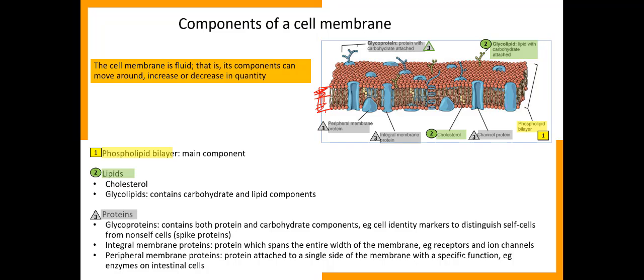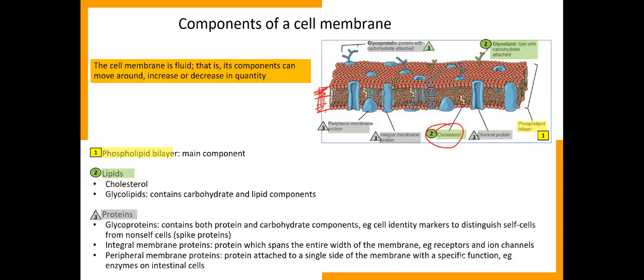But there are also lots of different things that are attached that go through the phospholipid bilayer section. A couple of the things found within the phospholipid bilayer are lipids. So you've got cholesterol and you've got glycolipids.